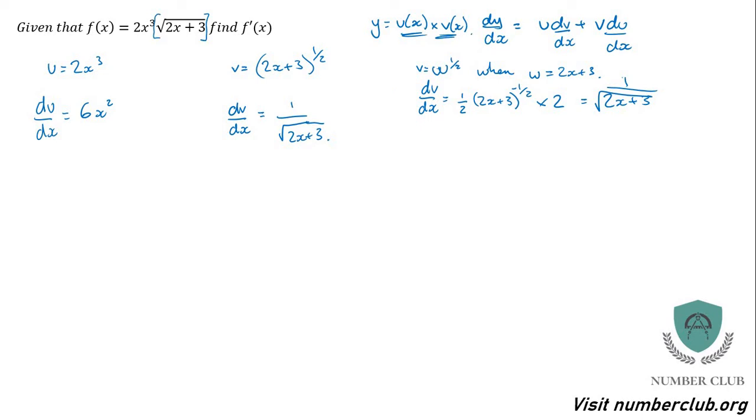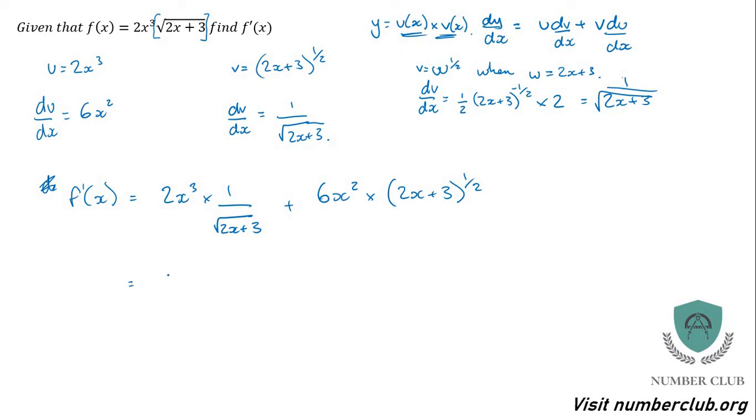That's fine. Now, when we work this next chunk out, we're going to be doing u dv plus v du. If you accidentally do v du plus u dv, it doesn't matter, they're adding up anyway. So we're going to get that f dash of x, the derivative of f of x, is going to be 2x cubed multiplied by 1 over root of 2x plus 3, plus 6x squared multiplied by 2x plus 3 all raised to the power of a half.